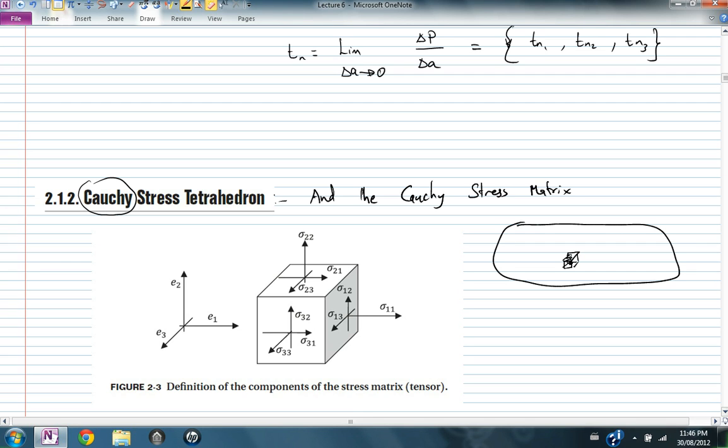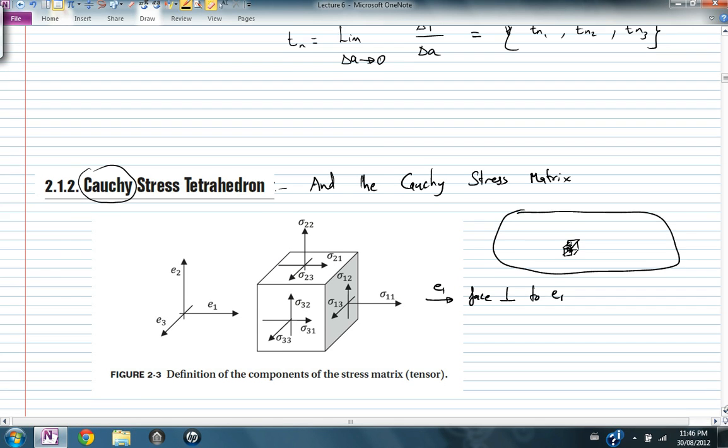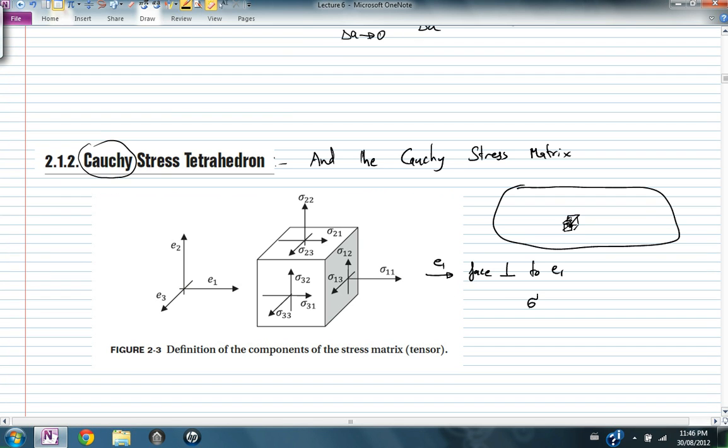And then I'm going to look at the face that's perpendicular to E1, the basis vector E1, and I'm going to call the unit force in the direction of E1, on the face perpendicular to E1, sigma 1, 1.